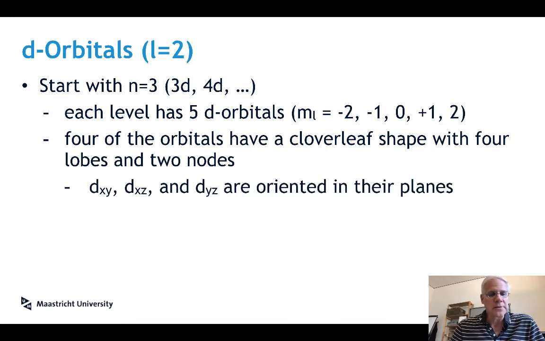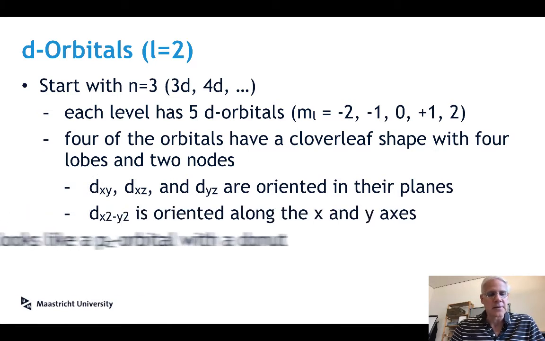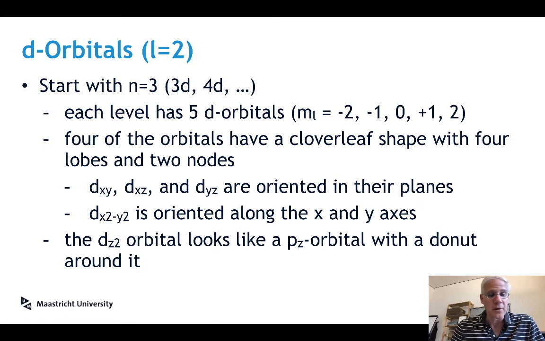And then we've got one other orbital that has a slightly different appearance. It looks like a p orbital with a donut around it.